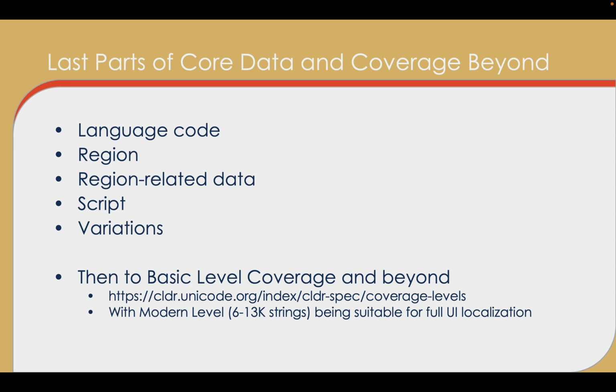The core data is actually a small number of pieces, right? The basic level number of pieces are also a small number, less than 100 pieces of data, and you're at basic level. And basic level means you can get to the device and you can stay on that device because you've got enough data to do the basics, to function well enough that users would have some appreciation for that.